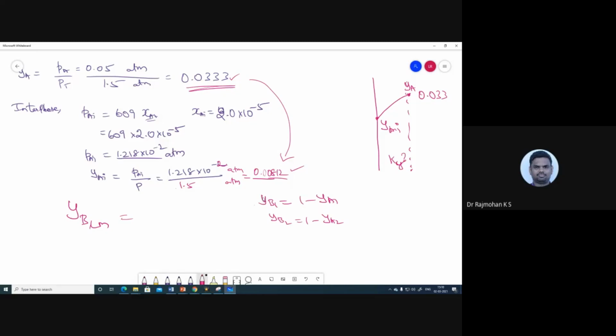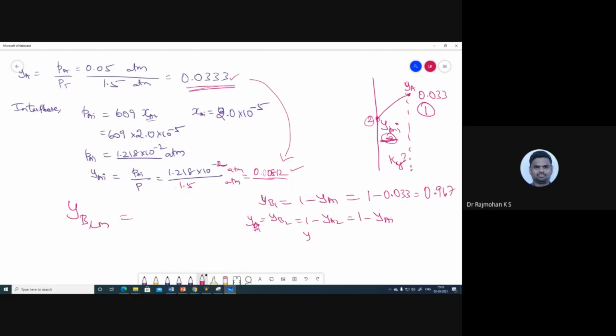Here 1 is going to be the bulk and 2 is going to be the interface, so 1 minus YaI can be denoted YI, because at the interface we use the subscript I. So 1 minus Ya1, where Ya1 is 0.0333, is 1 minus 0.033, equal to 0.967.